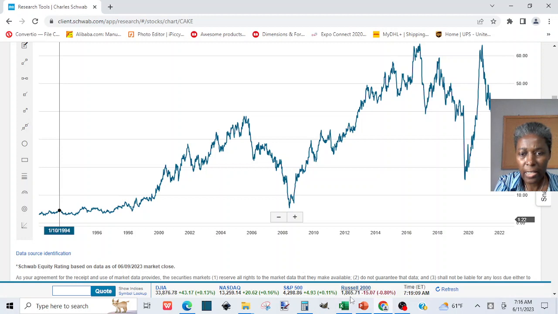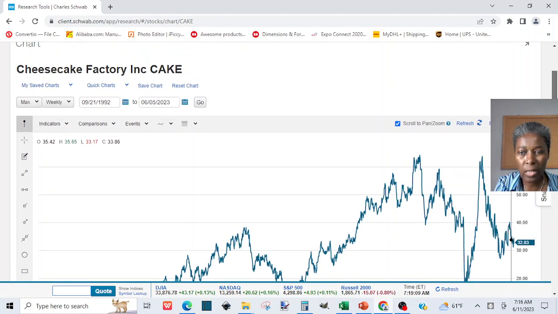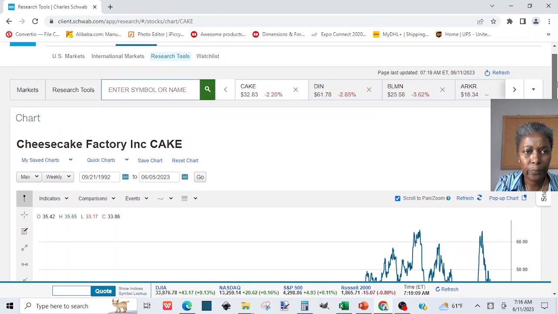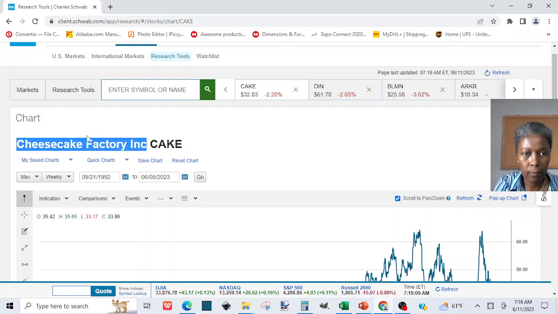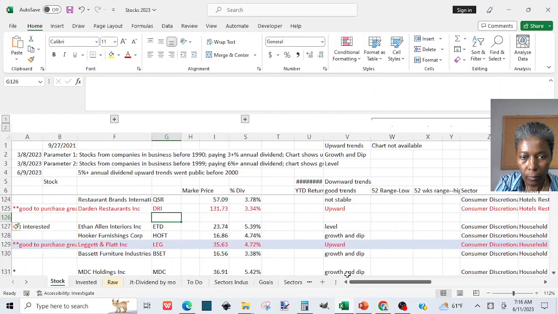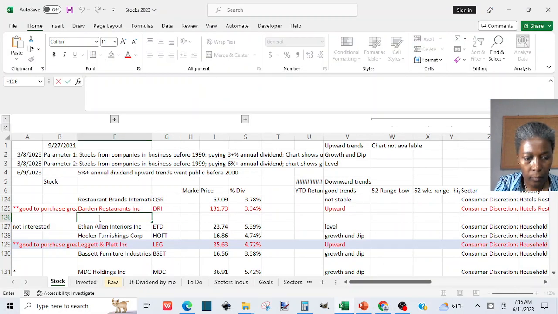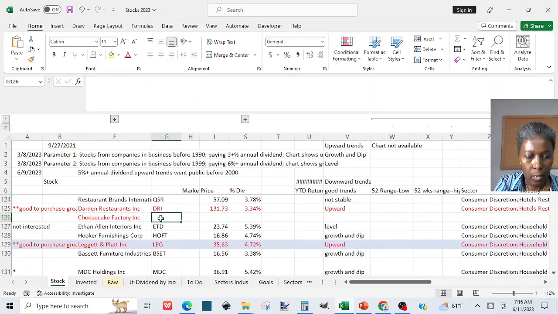But yeah, let's say that you like 1990, because we put 2000, anything before 2000. So I don't even know the symbol. I think the symbol is cake. Yeah, let me see if I can copy this one here. And then we have cake.